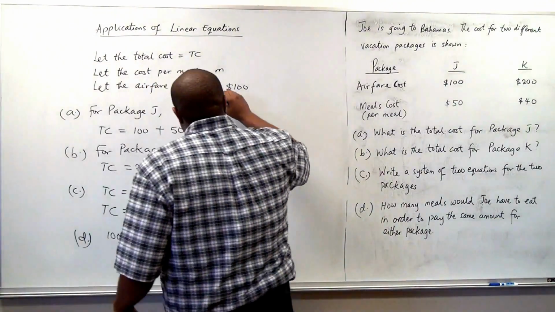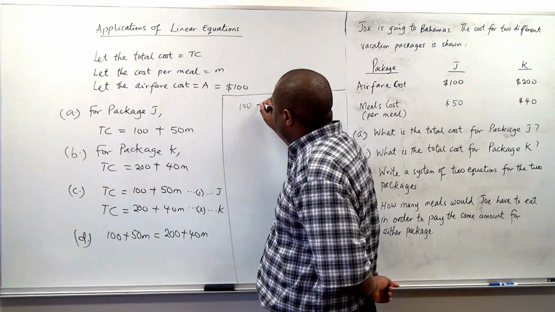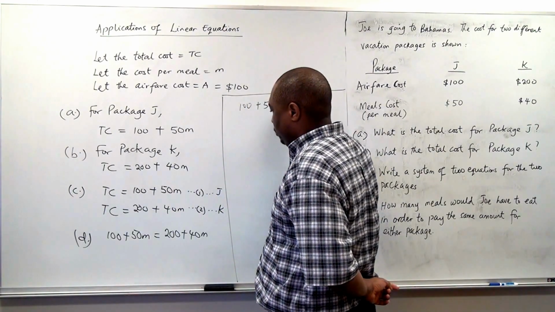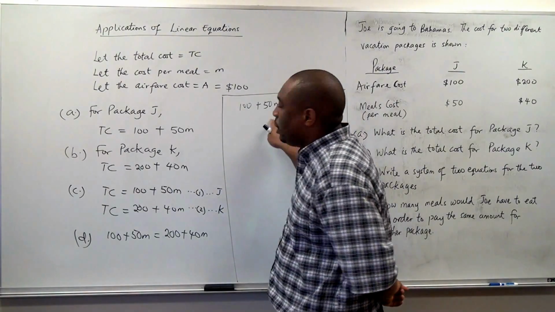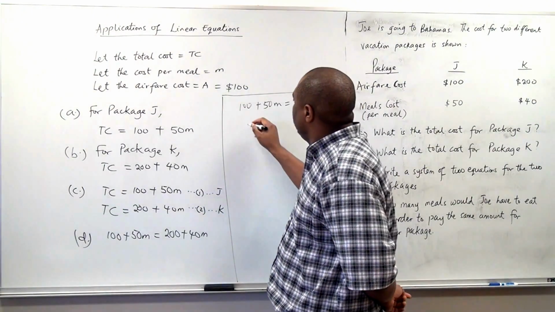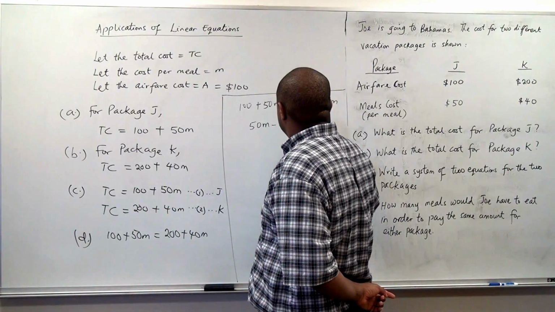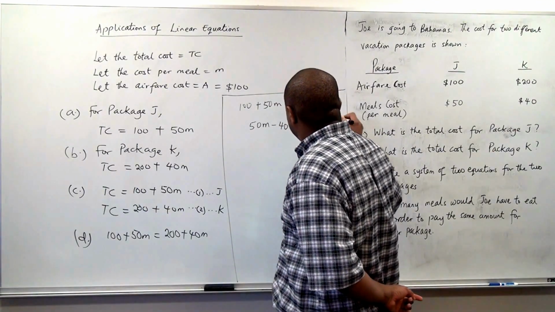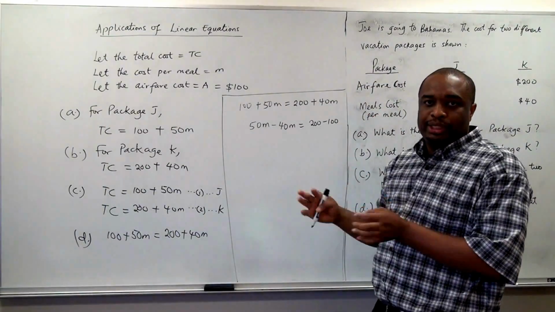So we go ahead and solve this. Let me write it here again. 100 plus 50m equal to 200 plus 40m. So this comes over here, this moves over there. So 50m minus 40m equal to 200 minus 100. This is the way I usually solve linear equations.